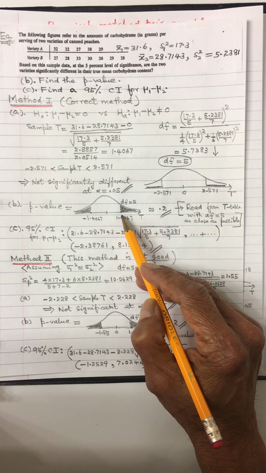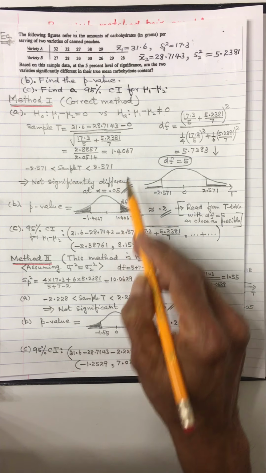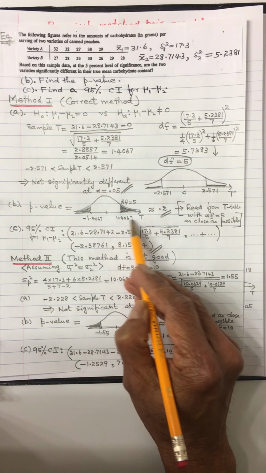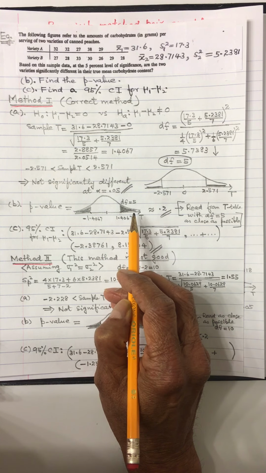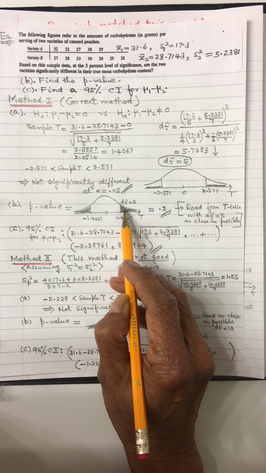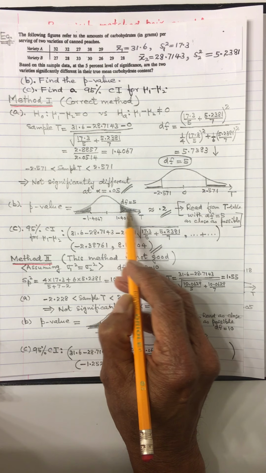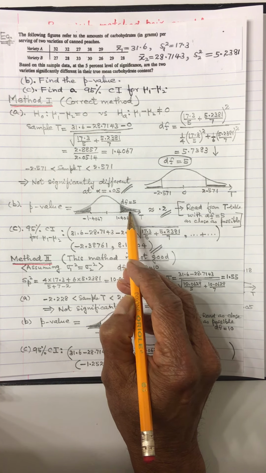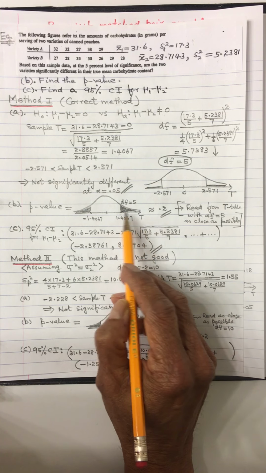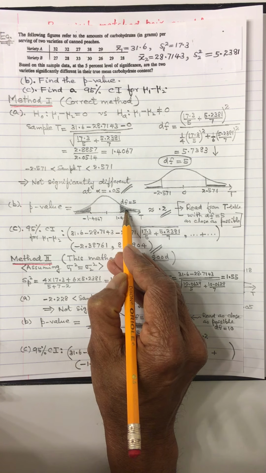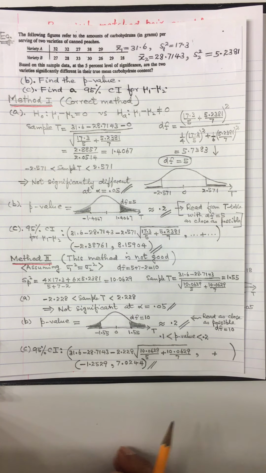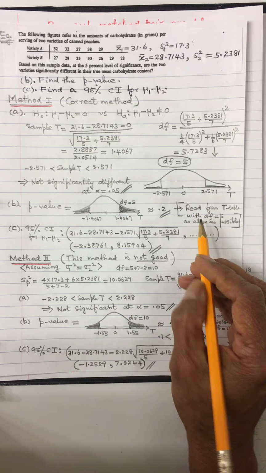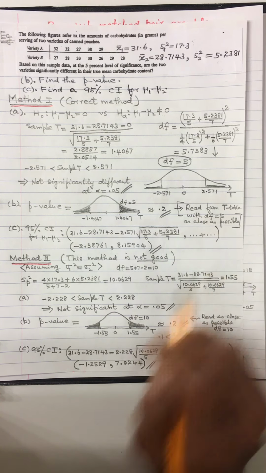Read the area from that value and below, from the t distribution. This part is very near 0.1, and this is 0.1, so this is going to be 0.2. Read it as close as possible. So it's going to be 0.2.